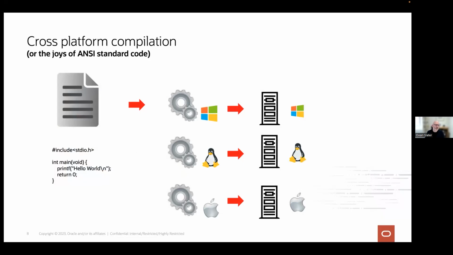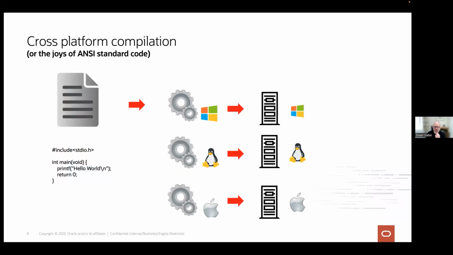And so if you were using C, for example, you had to make very, very sure that you were only using ANSI standard C, because that way things would compile, hopefully, on all of the platforms. And, you know, it was all very nice in theory, but in practice, working cross platforms was always a bit of a pain.